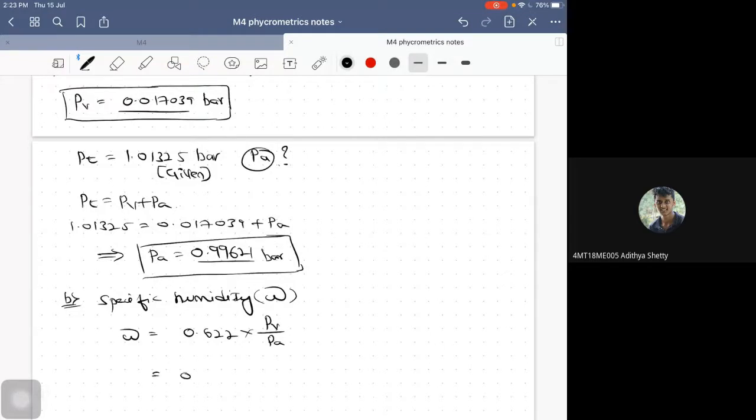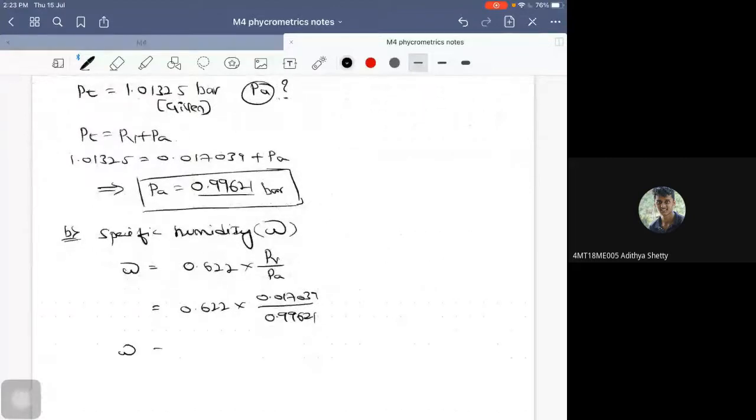Okay, so 0.622 times the PV value, 0.017039, and the PA value is 0.99621. Please give me the value of omega, which would be in kg per kg of dry air.